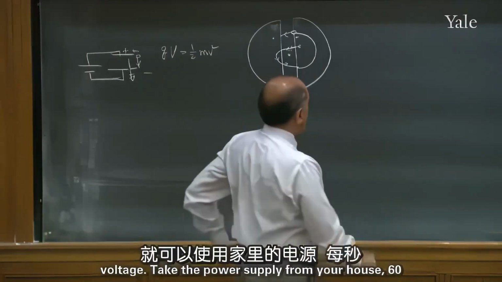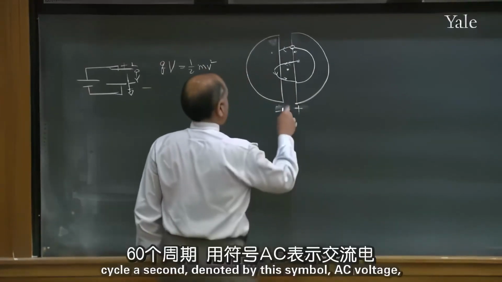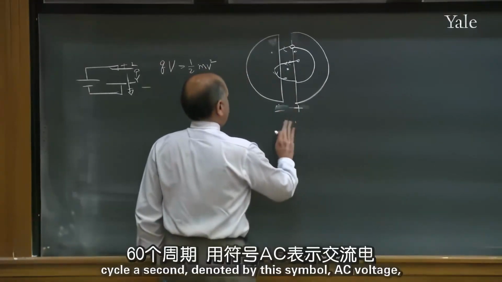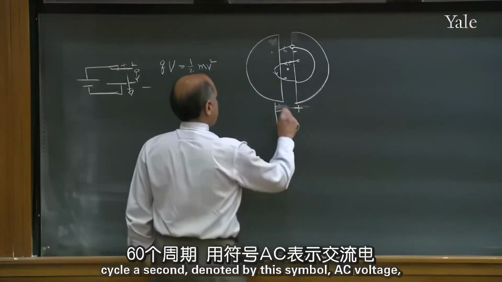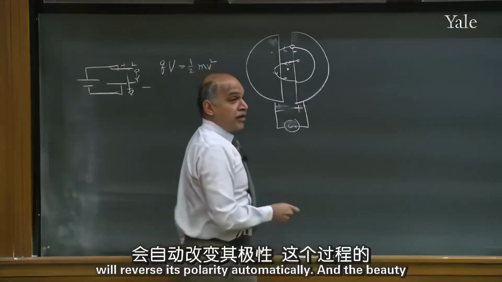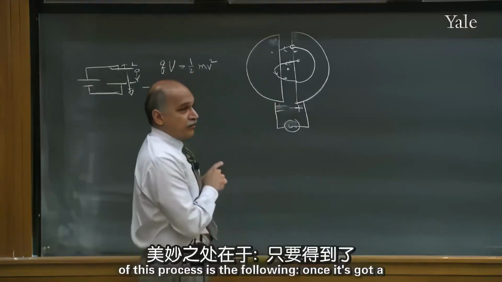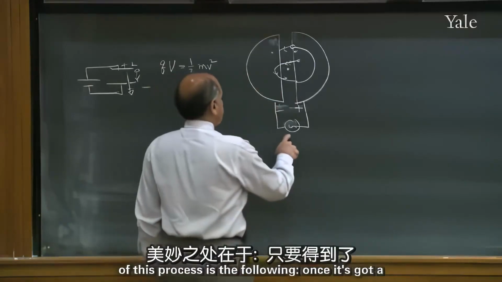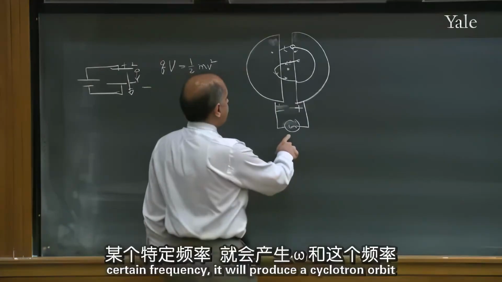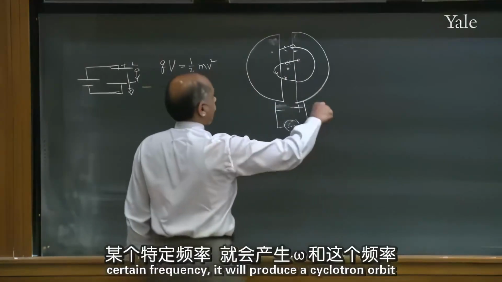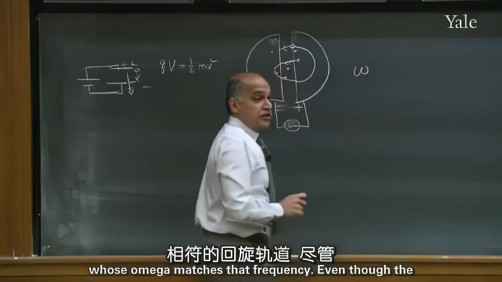Take a power supply from your house, 60 cycles a second. It will, denoted by this symbol, AC voltage, reverse its polarity automatically. And the beauty of this process is the following. Once it's got a certain frequency, it'll produce a cyclotron orbit whose omega matches that frequency.